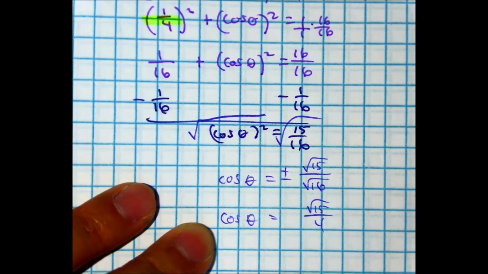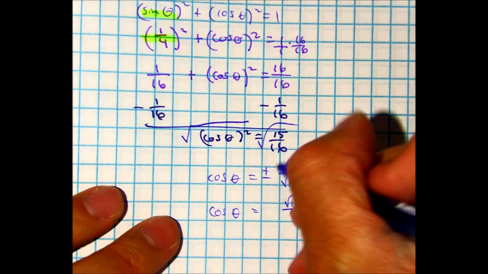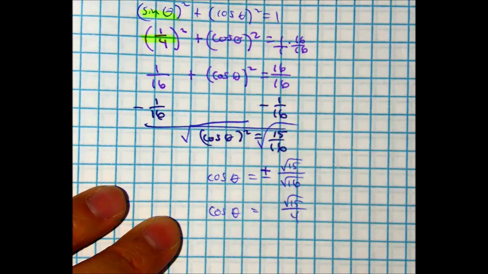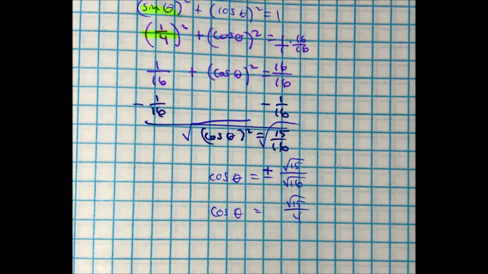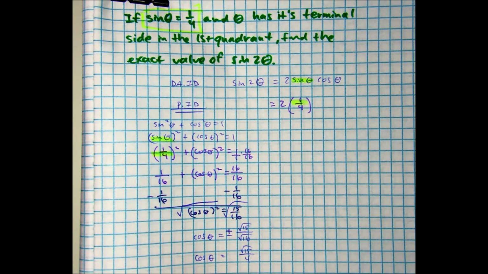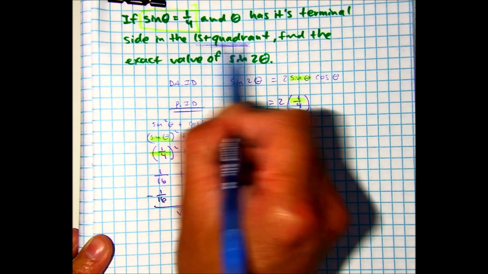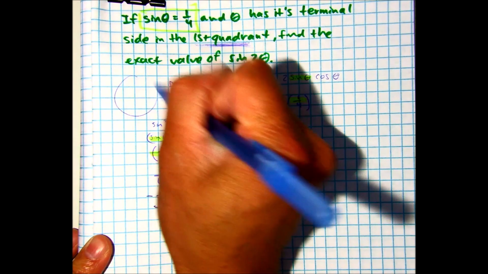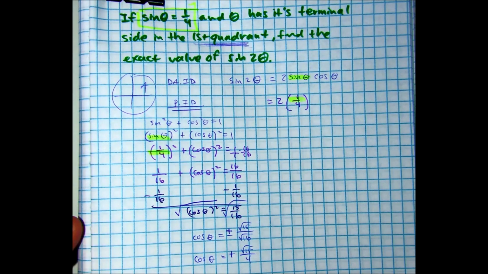And Theo, is it going to be plus or minus? How do you know it's plus? What does it tell you about the terminal side? And what do you know in the first quadrant? Everything is positive. So we're going to use a positive radical 15 over 4. Raise your hand if you got that.